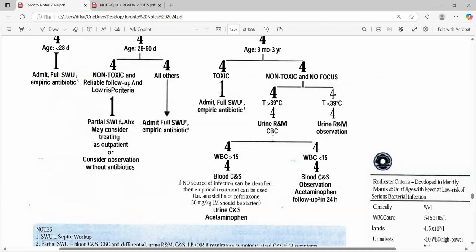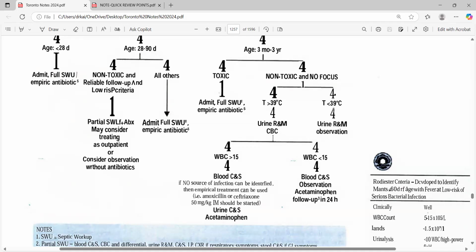So urine dipstick or urine culture and sensitivity we do, and then CBC we do. In those cases, then we check for WBCs. If WBCs is more than 15, go for blood culture and sensitivity, urine culture and sensitivity, and giving the Tylenol. But if the WBCs is less than 15, then culture and sensitivity, observation, acetaminophen, or follow up in 24 hours, sorry.